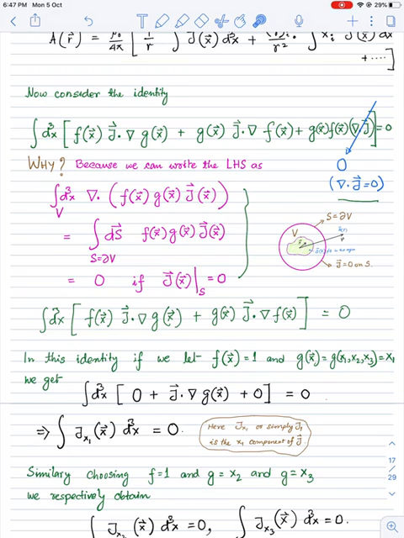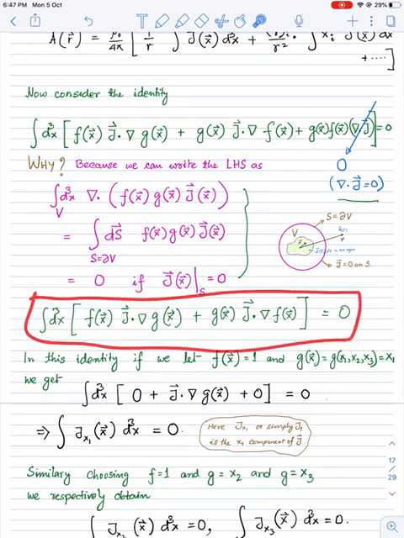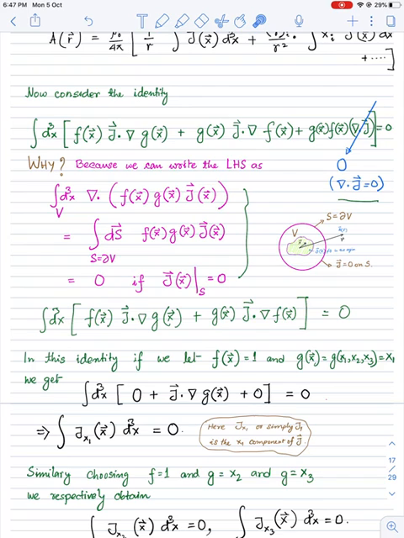Now, in these two terms, f and g are arbitrary functions of x, y, and z, or x1, x2, x3. If j is localized and if divergence of j is equal to 0, then this is a valid identity.